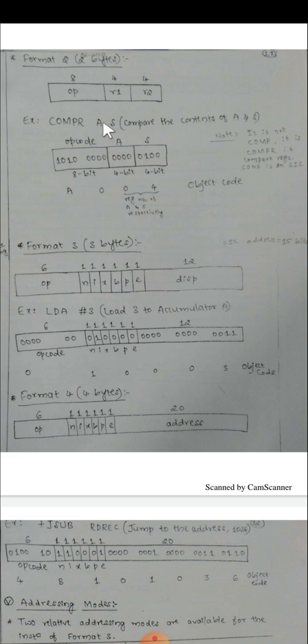If you observe here, A is the accumulator register which is present in the SIC machine, but this register we are using in SIC/XE code also. It means that SIC/XE has A, X, L, PC, SW.